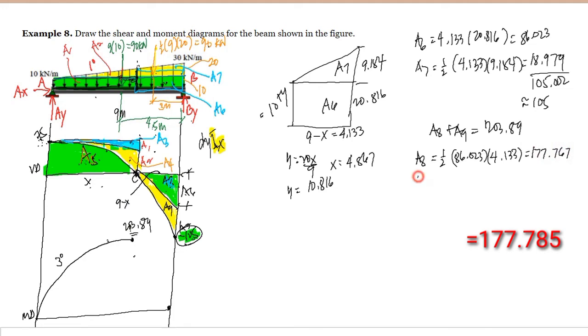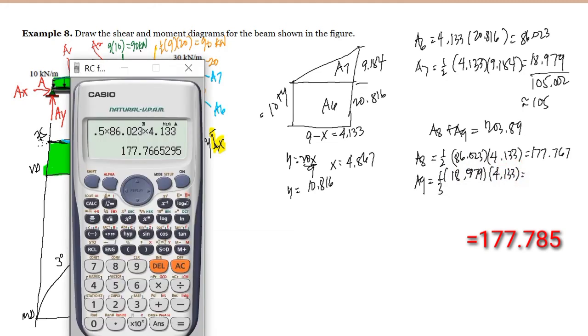And for area 9, we have here a spandrel, so 1/3, kasi ito ay degree 2. Ang base natin is area 7, so that's 18.979, and the height is 4.133 feet. So we have 1/3 times 18.979 times 4.133, and we have here 26.147.